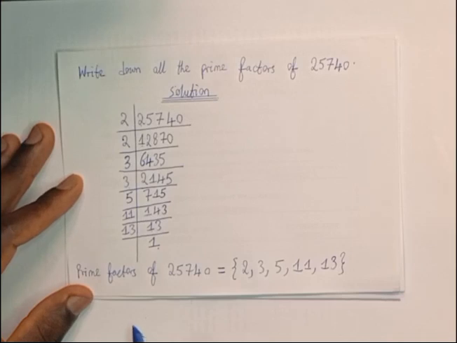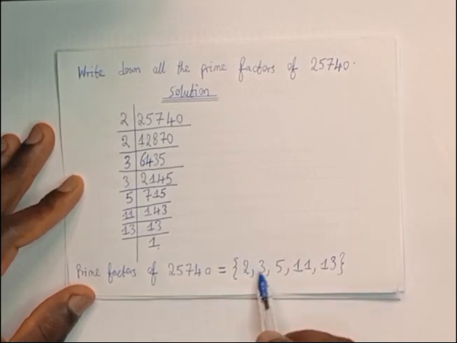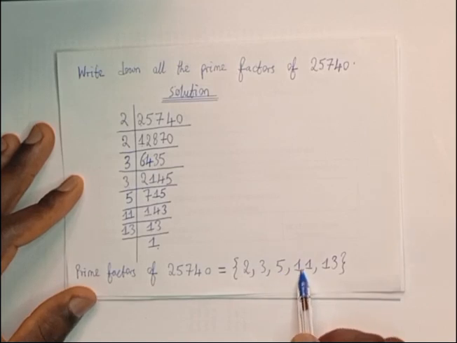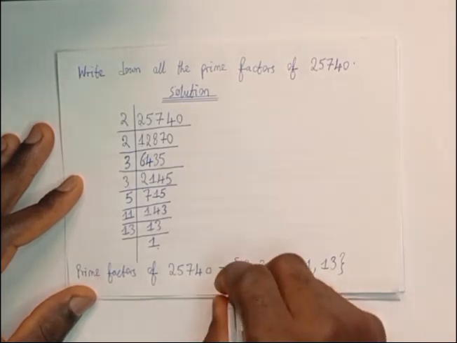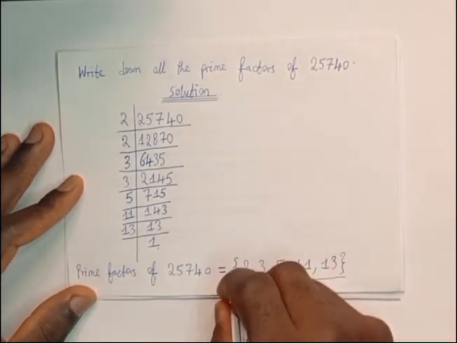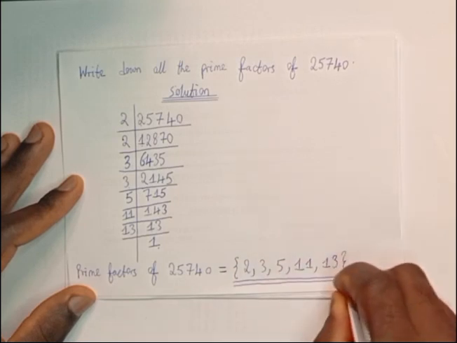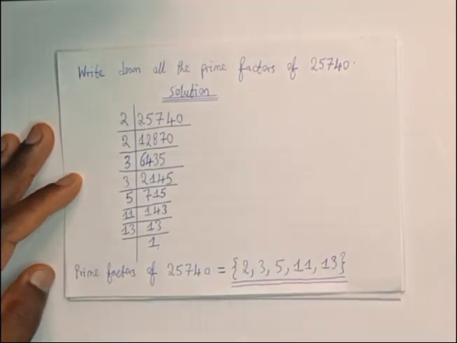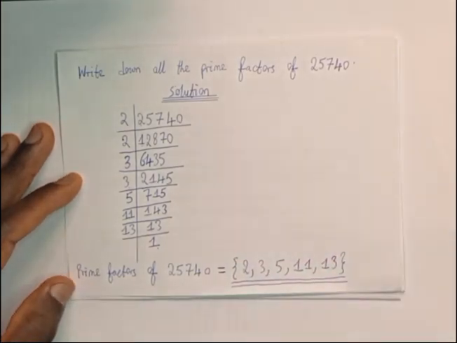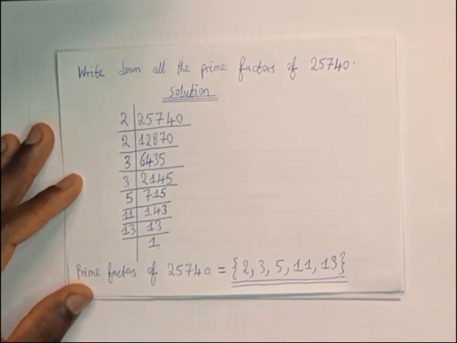That means the prime factors of the number 25,740, they are 2, 3, 5, 11, and 13. We underline the answer. This is how we find the prime factors of a composite number by making use of the tabular method.